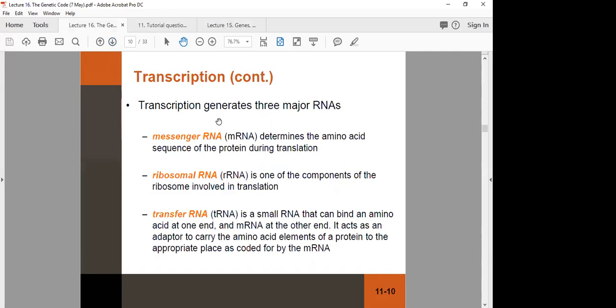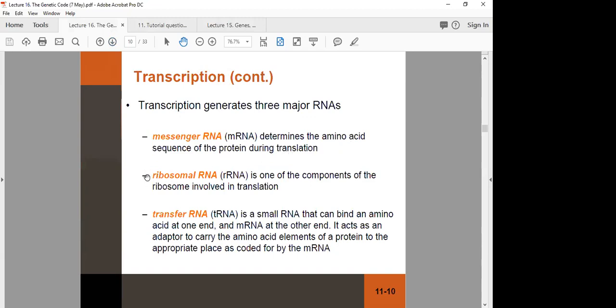All right, transcription can generate 3 major types of RNA molecules. The one that we just looked at that's going to encode a protein is called messenger RNA, mRNA for short. This will carry the code that will determine the amino acid sequence of that final polypeptide product.